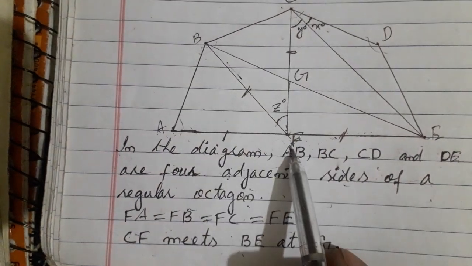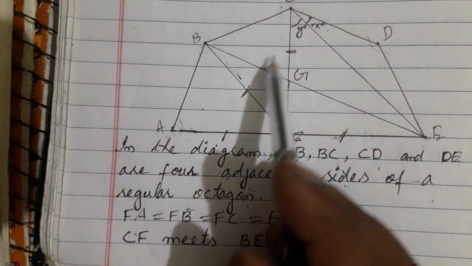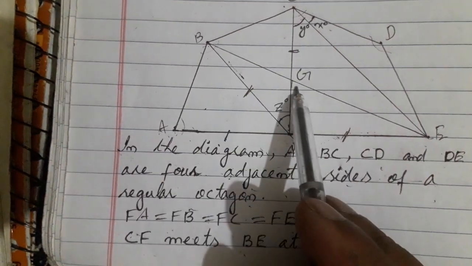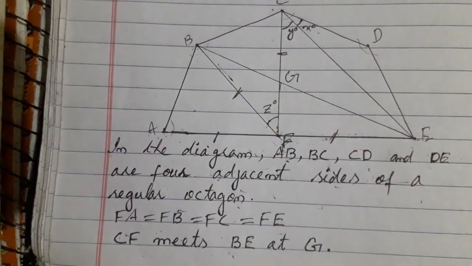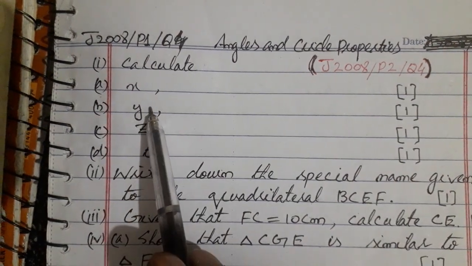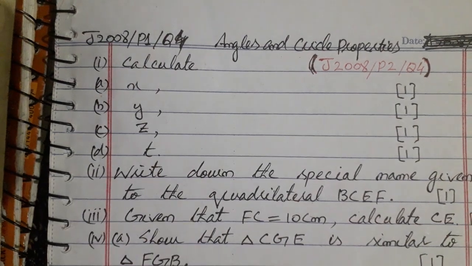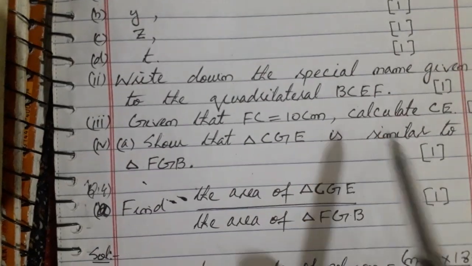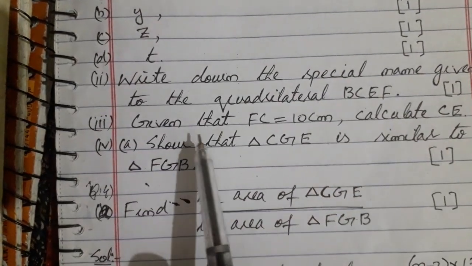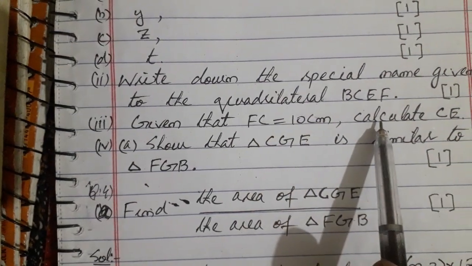CF meets BE at point G. Calculate angles X, Y, Z, T. Write down the special name given to the quadrilateral BCEF.